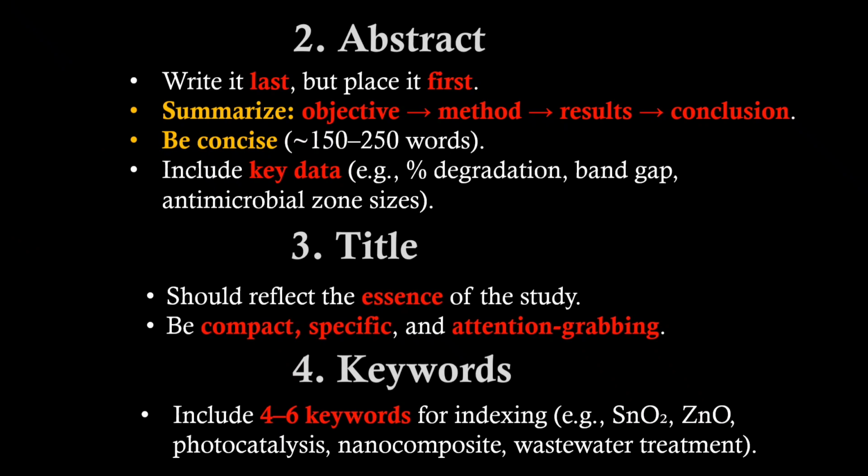We have to be very concise. Of course, it should not be more than 300 words, so ideally it should be from 150 to 250 words. It includes the key data.